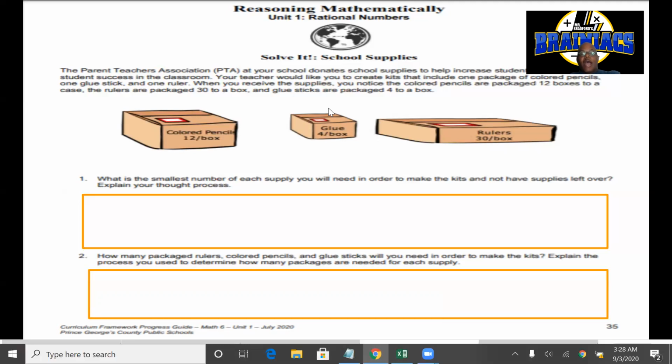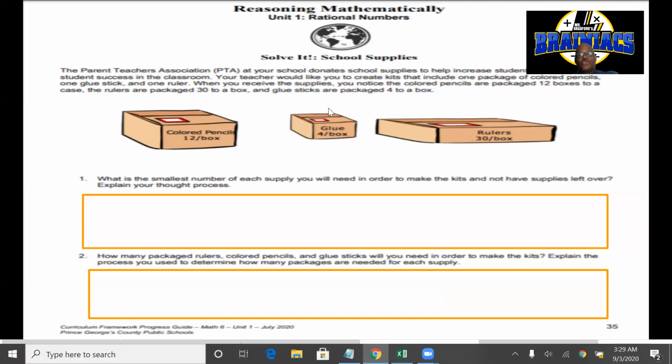All right, so number 2, how many packaged rulers, colored pencils, and glue sticks will you need to order to make the kits? So you know you're gonna make 60 kits. So how many boxes of colored pencils do you need? Well, what do we know about the colored pencils? How many are in a box?